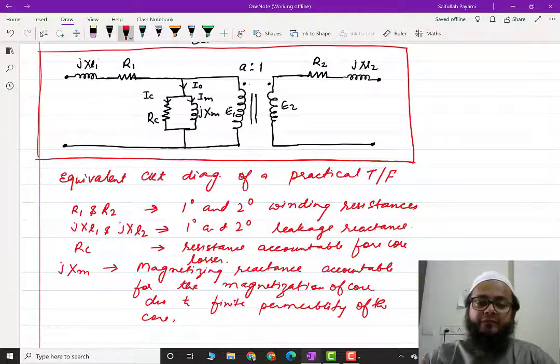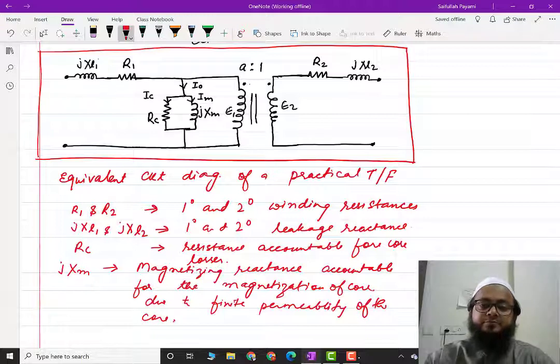Now the ideal transformer we have seen. The ideal transformer was modified by eliminating those conditions which we laid on it, and we have converted the ideal transformer into a practical one.